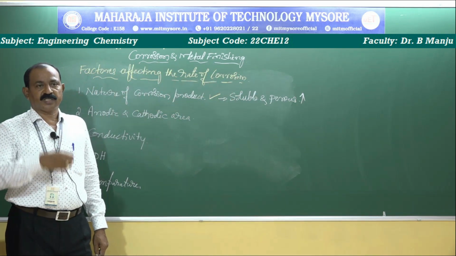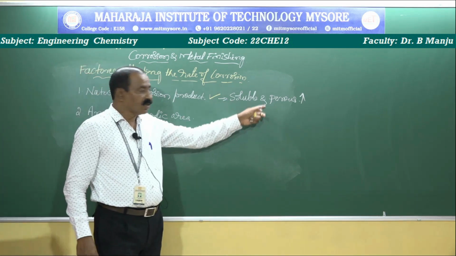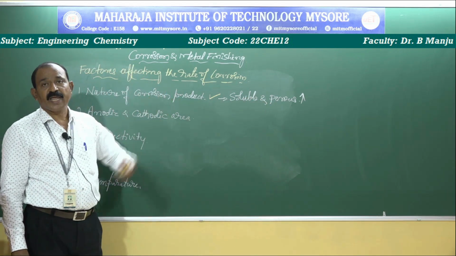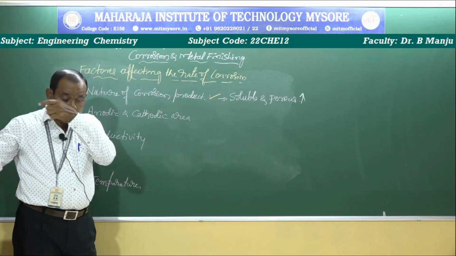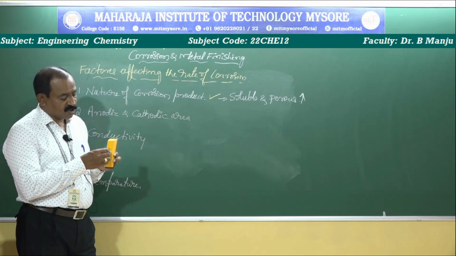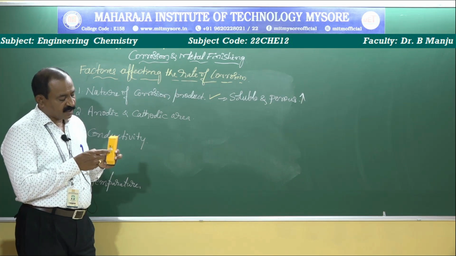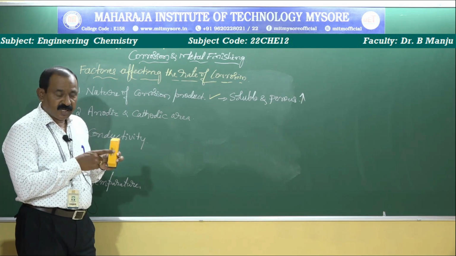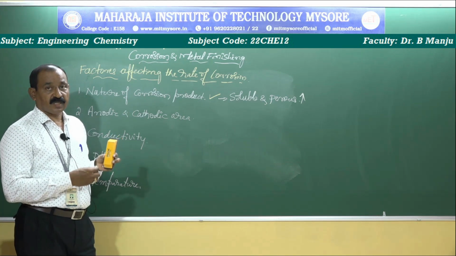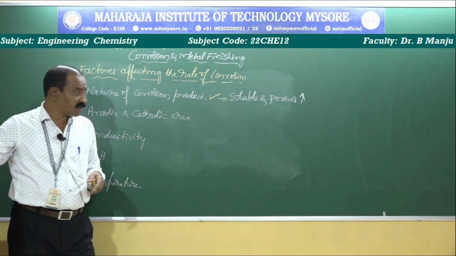The corrosion product is soluble in water or any liquid media and it is porous, then automatically the rate of corrosion increases. For example, in waterline corrosion, in the center corrosion starts and rust is formed. Now when rust comes in contact with the water, it dissolves. When it dissolves, the surface becomes free, then it undergoes further corrosion. That indicates the rate of corrosion increases.